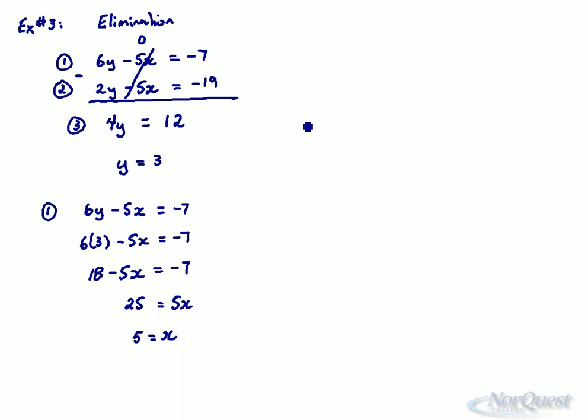Again, you can do a very quick check, which I'll do on the right here. We have x equal to 5, y equal to 3, equation 1, 6y minus 5x equals negative 7.